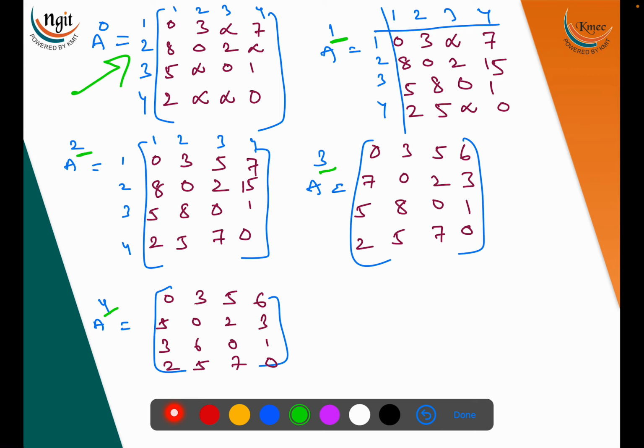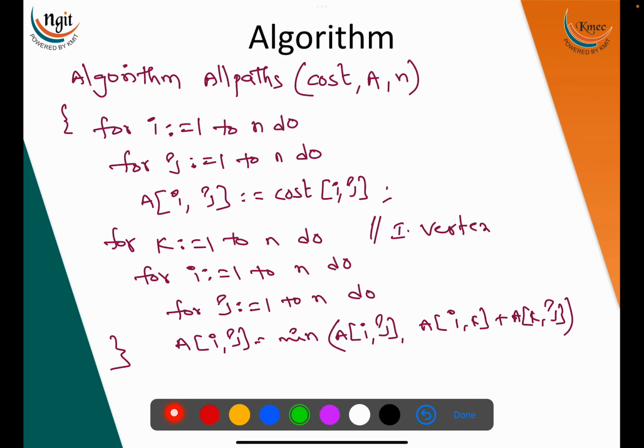Now as far as dynamic programming is considered, it works on the optimality principle, that is, a sequence of decisions. These are what? Sequence of decisions. So this is about the all pair shortest path problem. Now we'll see the algorithm, how it works.